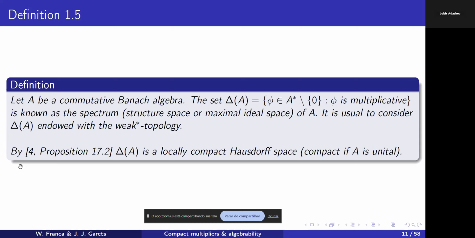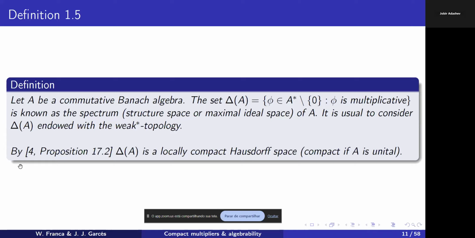By linear functional I mean a map whose domain is the algebra A and whose image is contained in the scalars. In this case, for us everything is complex. So we are considering maps which are linear from A to C, which are also multiplicative.